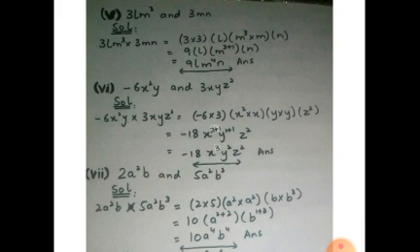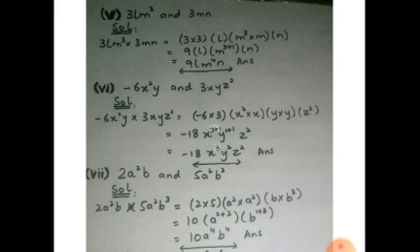What we do, we separate the numeric value and then we separate the like variables. Then 3 into 3 gives us 9, and then l is as it is, and then m^(3+1), we add the powers, and then n. Now when we add the powers of m, it becomes 9lm⁴n.